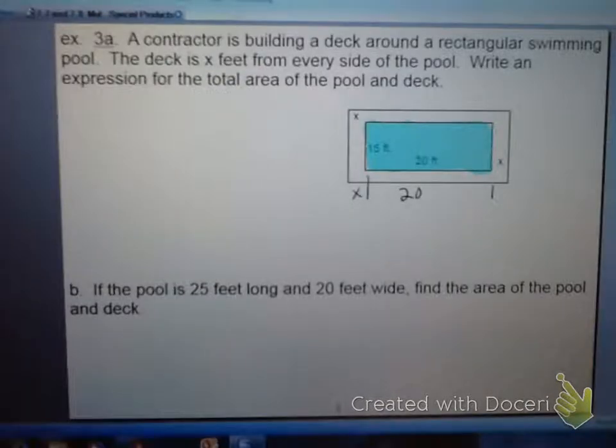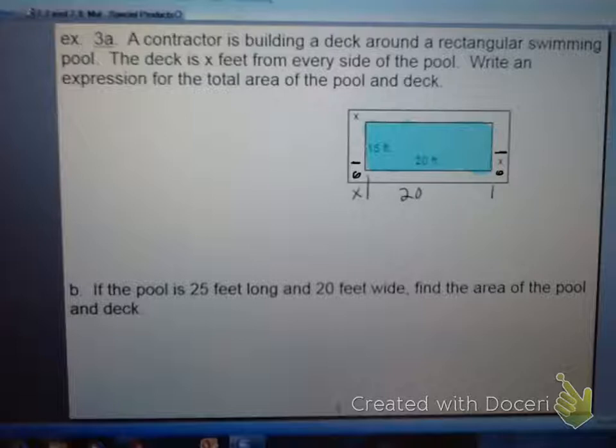In example 3a, a contractor is building a deck around a swimming pool. The deck is x feet around every side of the pool. Write an expression for the total area of the deck. Okay, so if the pool is 20 feet long, we have the sidewalk here, and we have the sidewalk here. From here to here, the length of the sidewalk is x.